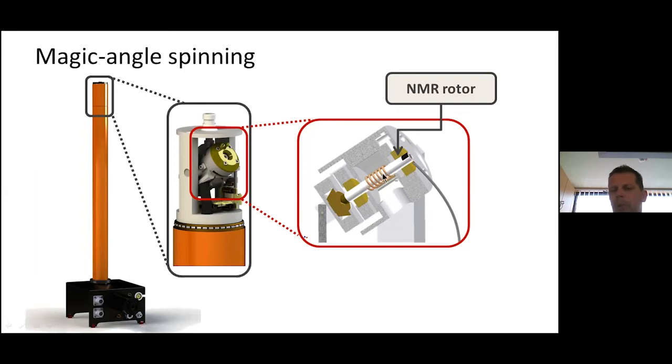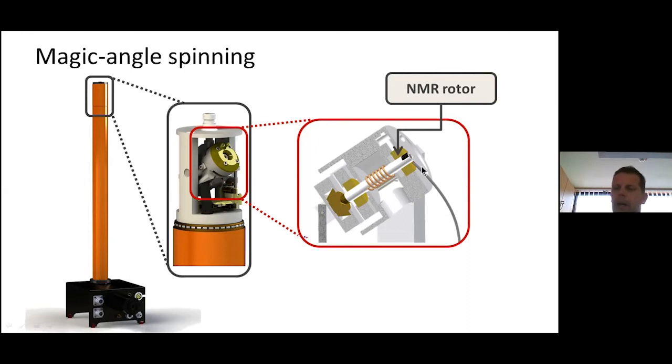We call this tube with the sample the NMR rotor, and we close it from one side with a cap and from the other side with a turbine. Then we blow air or nitrogen or other gas into this turbine, and this causes the rotor to start spinning very fast. Very fast means from several kilohertz to several tens of kilohertz, or even above 100 kilohertz with the most recent probes.